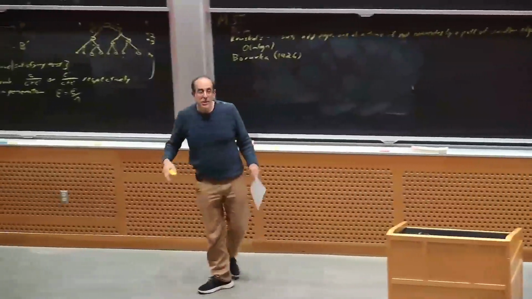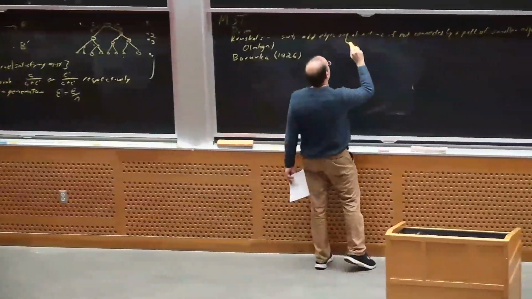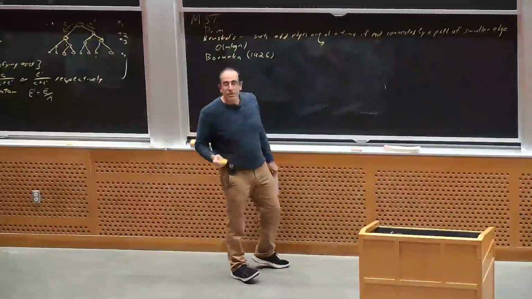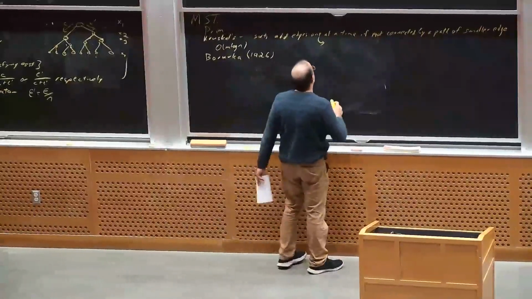And the correctness of this is based on a feature of minimum spanning tree. I forget whether it's the red rule or the blue rule. It's got one of those names, right?